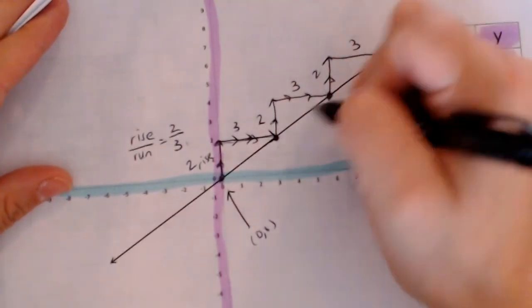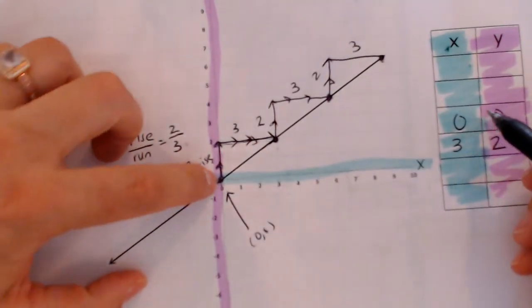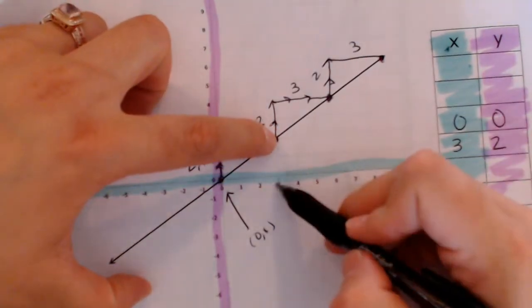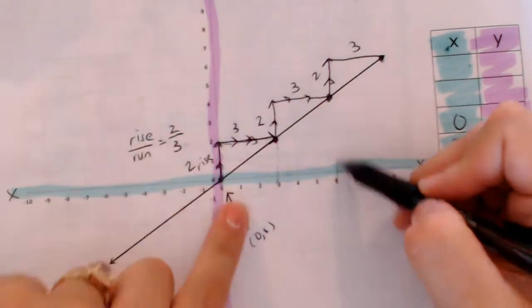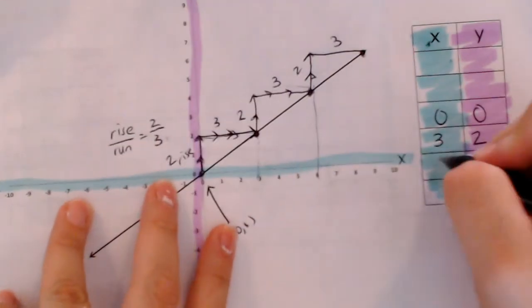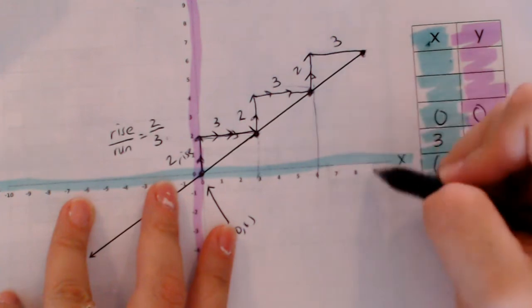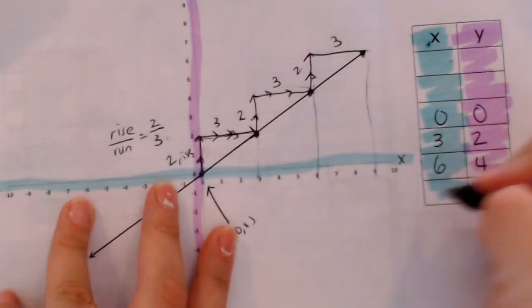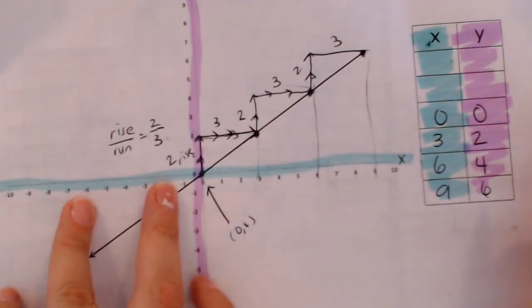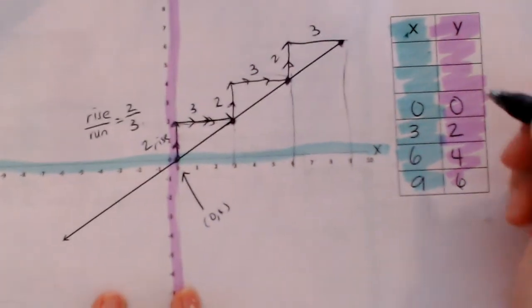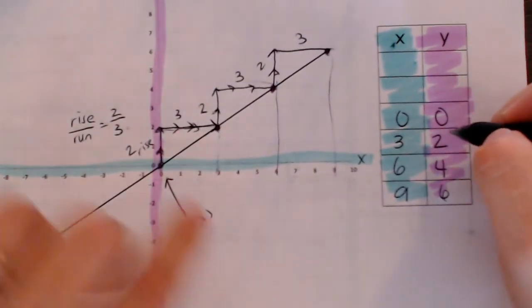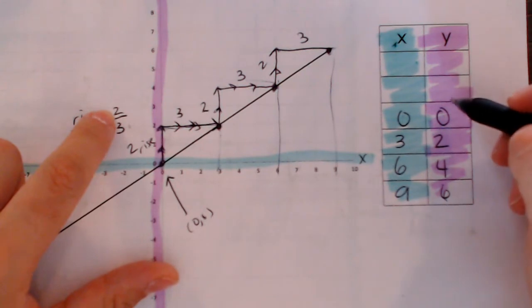I want to know these points' names. We wrote this one down. We wrote this one down. What is this next one's name? 6 and 4. This point's name is 9 and 6. Now, this is changing. The change in Y is 2.